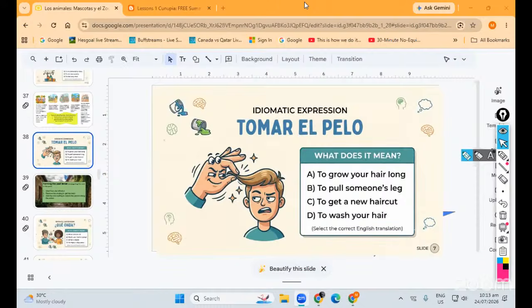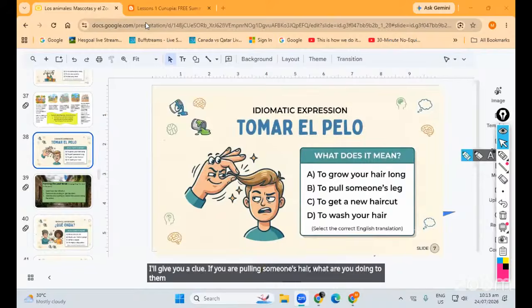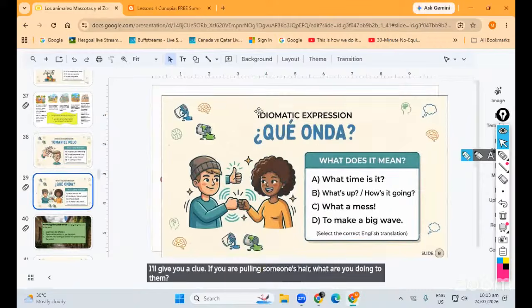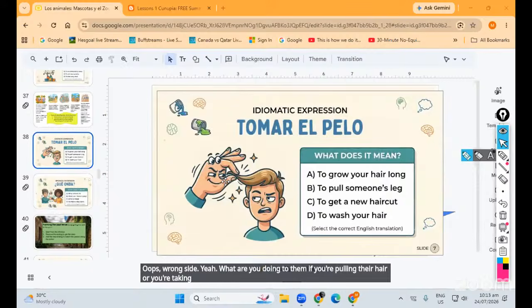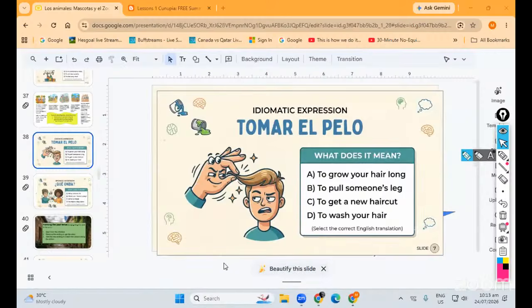I'll give you a clue. If you are pulling someone's hair, what are you doing to them? Oops, wrong side. Yeah. What are you doing to them if you're pulling their hair? Or you're taking their hair in your hand? Well, I mean, the picture is clearly pulling it. All right, last 10 seconds.